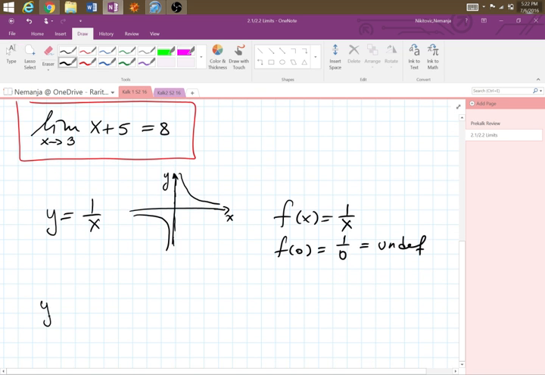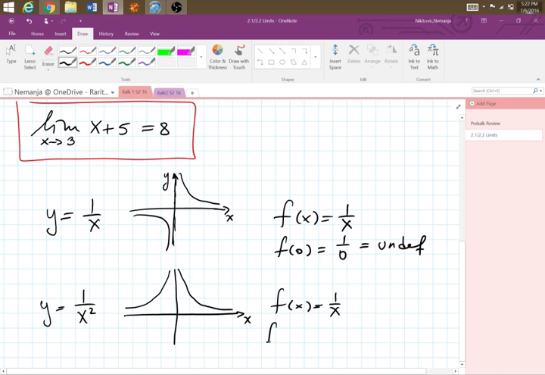Then we're going to jump into another case, y equals x squared, whose graph looks very similar to 1 over x, except it has both of these looking up. So for f of x equal to x squared, how much is f of 0 now? Still undefined. Very good.